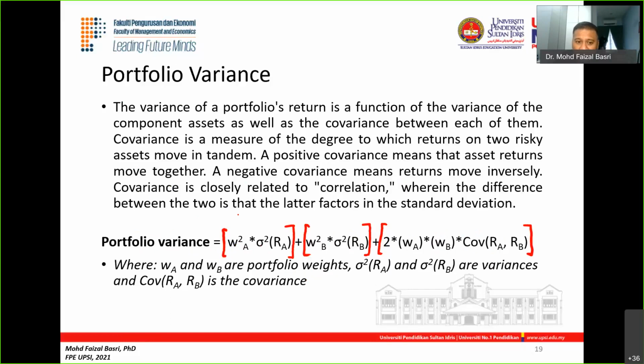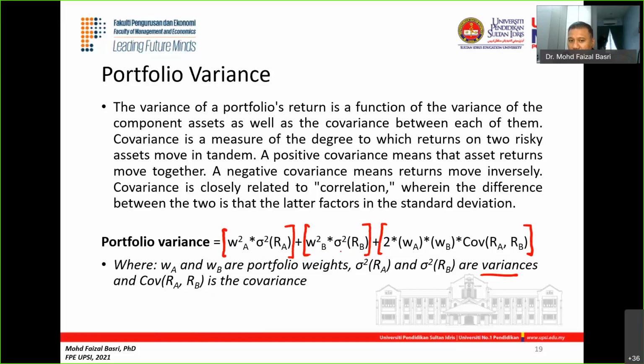Again, sigma squared refers to variance, the variance of stock A. So this is actually weight A squared times variance of stock A. That's one section, plus weight B squared times variance of stock B.